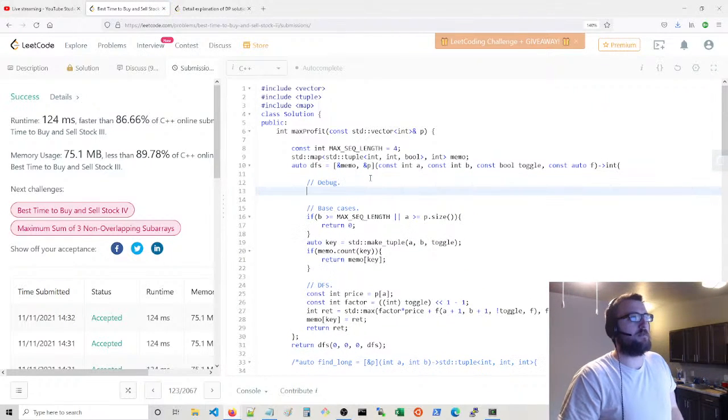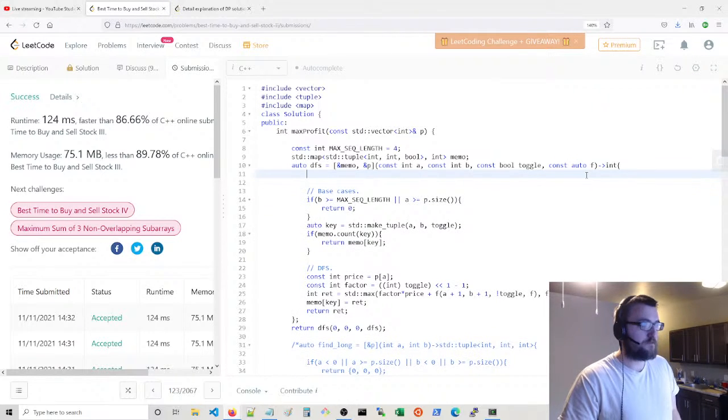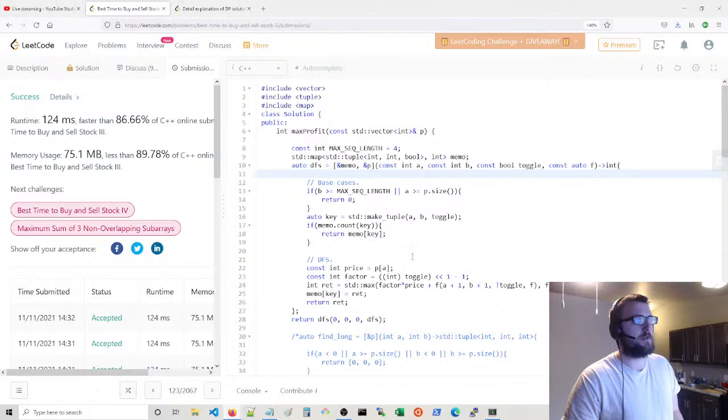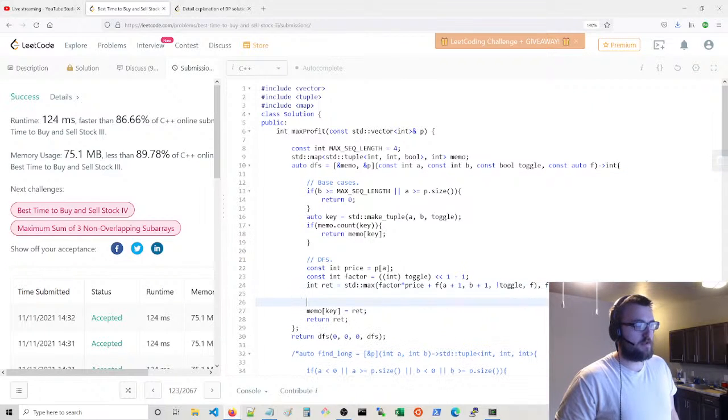I thought I had the right idea here, but I guess not. That's interesting. We could actually do something like this. It's probably a little better.